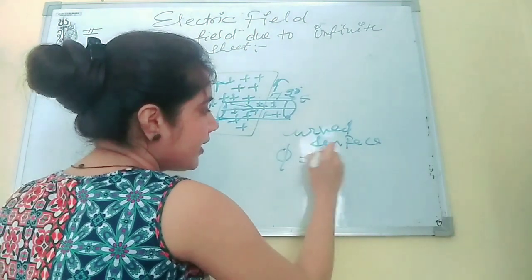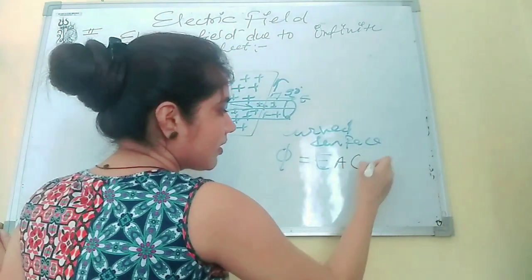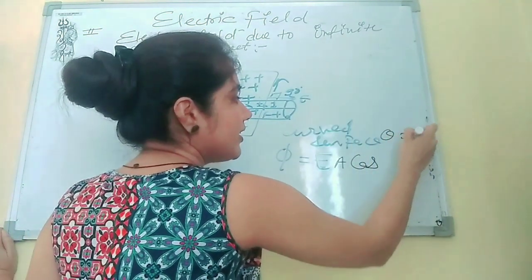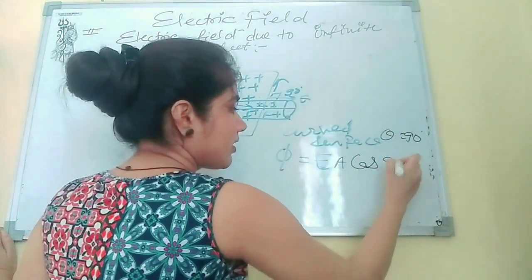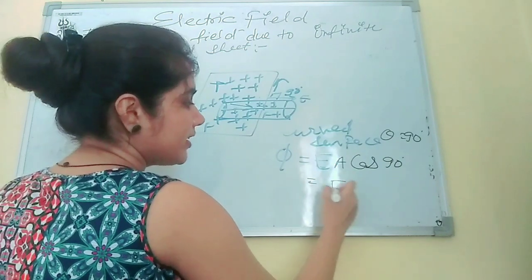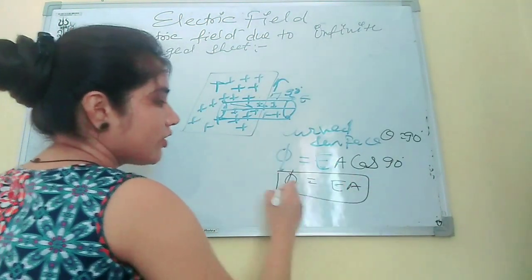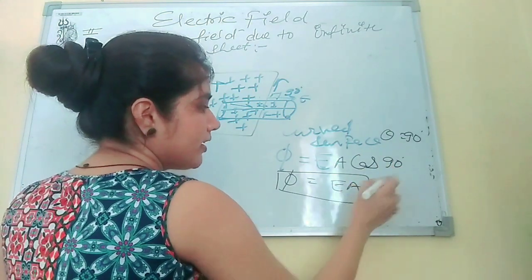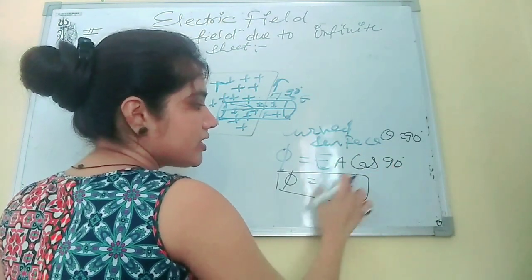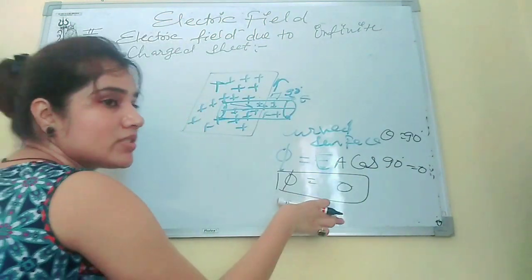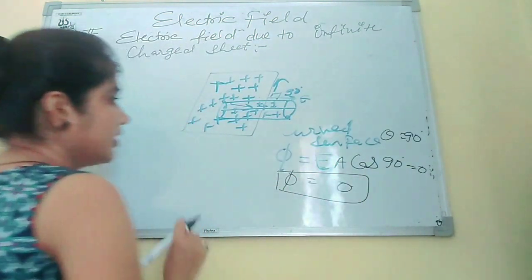That will be EA cos 90. The angle theta will be 90 degrees in this condition. So what will we get? We will simply get EA cos 90, and cos 90 is 0. So this will become 0. So in this case we will not get any flux.